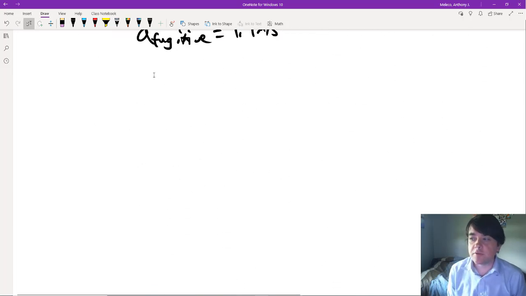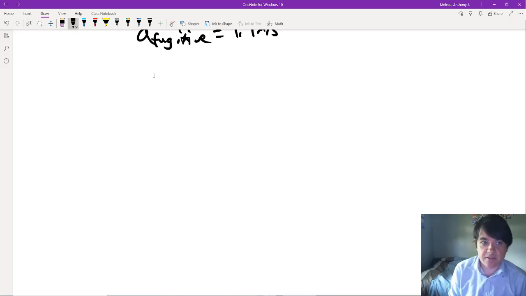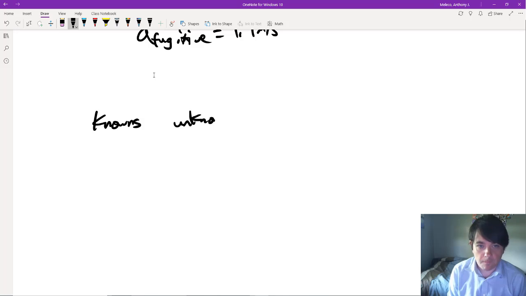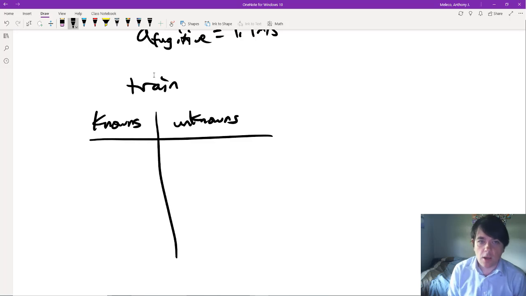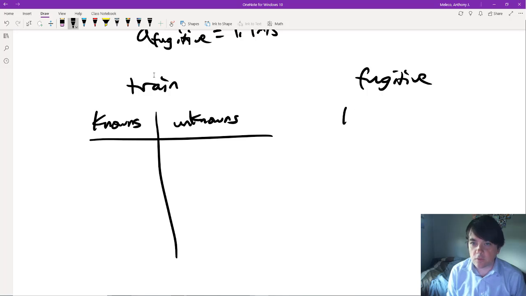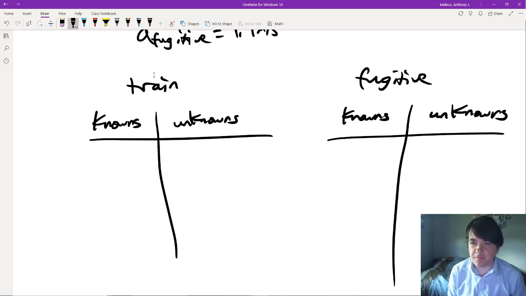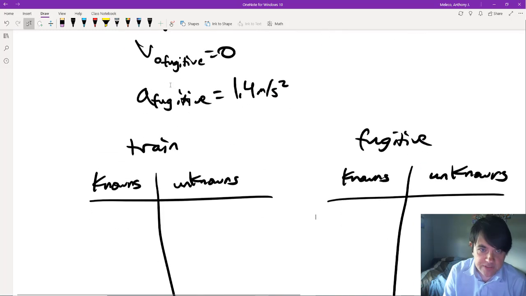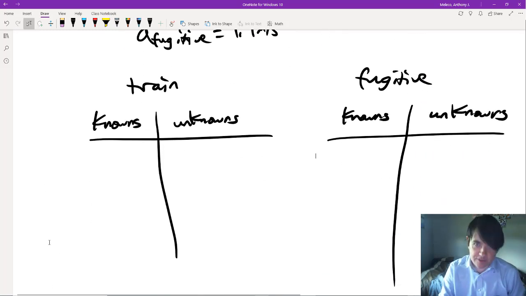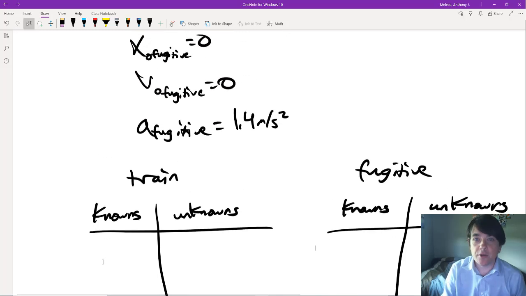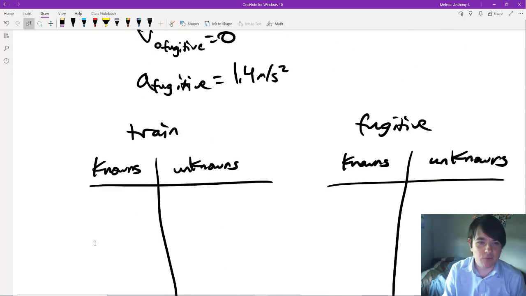You can do knowns and unknowns separately, so you can do two sets: knowns and unknowns of the train, and then knowns and unknowns of the fugitive. I like doing it this way because it helps me further organize the information, because otherwise you have 4 positions, 4 velocities, 4 accelerations, 4 times, or 2 times while you're doing this, and it's a lot to do.